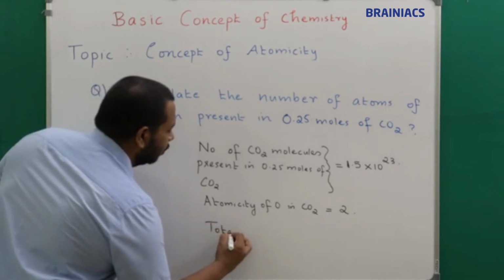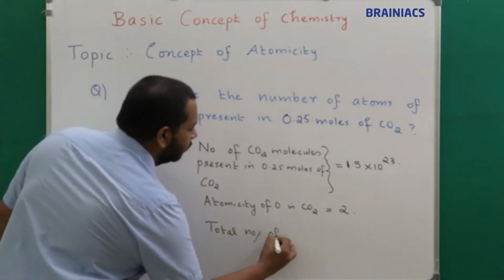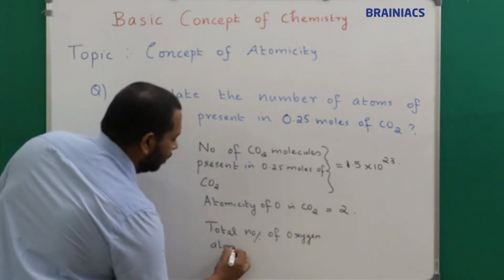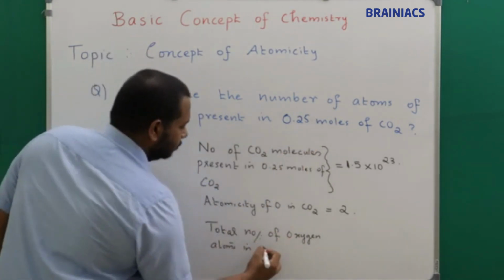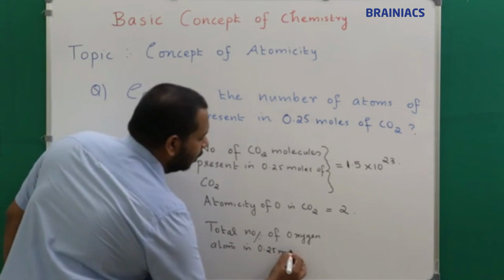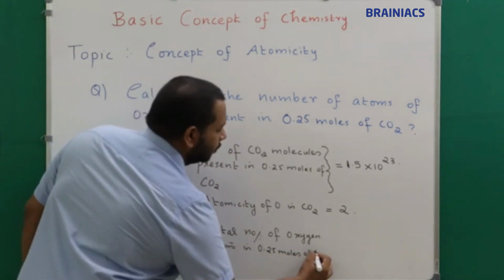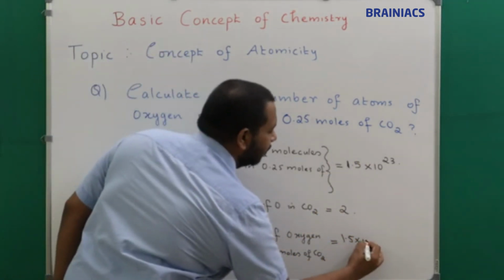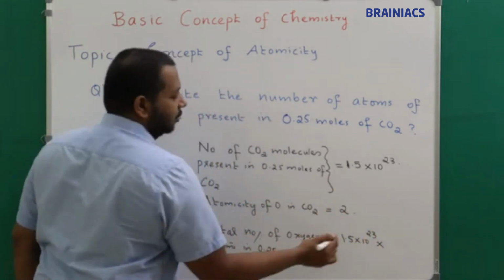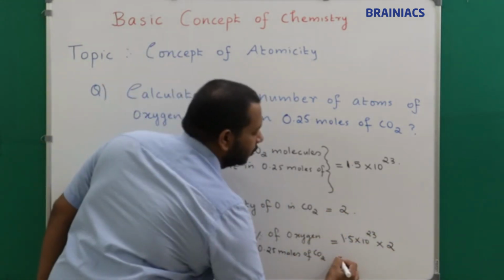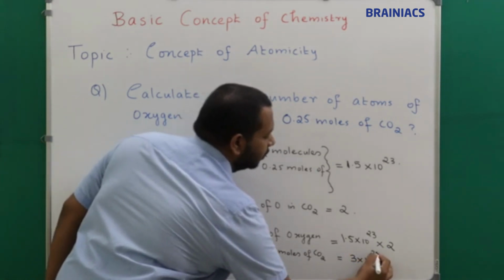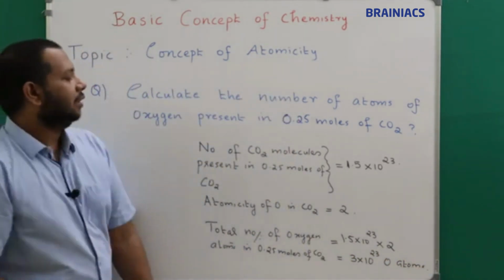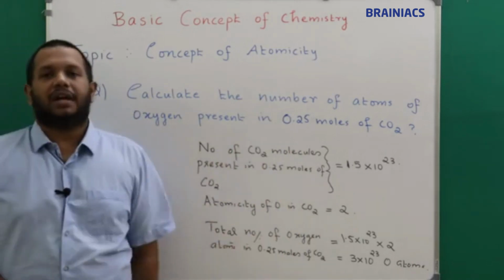Total number of oxygen atoms in 0.25 mole of CO2 is equal to what? Number of molecules, 1.5 into 10 power 23, multiplied by atomicity, that is 2. So 1.5 into 2 is 3 into 10 power 23 oxygen atoms.